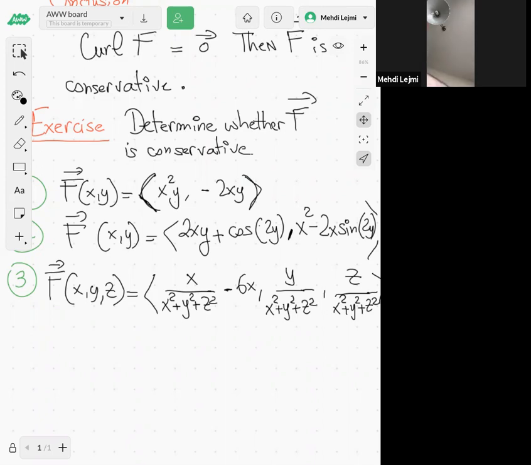And then I guess we're going to be done with this section, conservative vector fields, and then we're going to move to the surfaces, then the parameterization of surfaces, and then Stokes and Gauss divergence theorem. All right, so I'm going to give you a couple more minutes, and then I will go over the exercise.